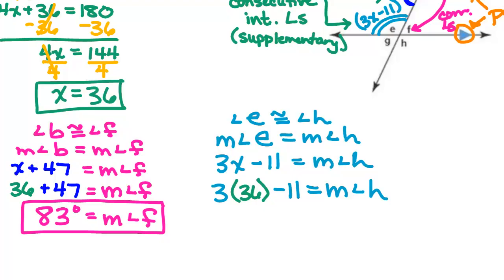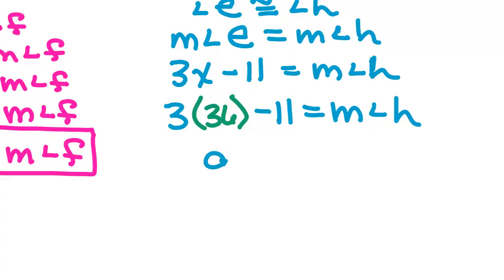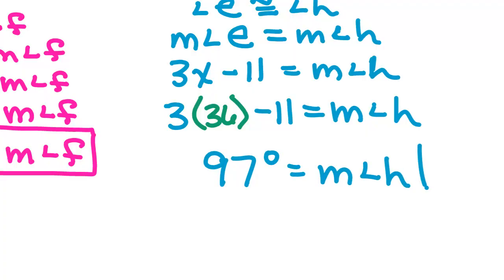What do we get? 97. 97 degrees equals the measurement of angle H.